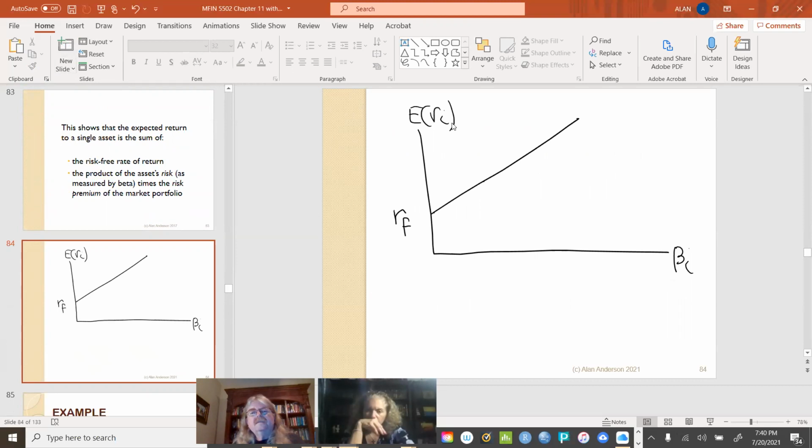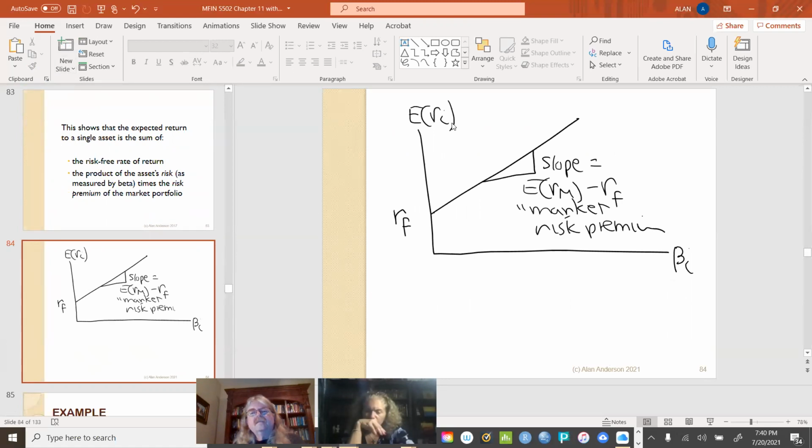The slope is this gap between the return of the market and the risk-free rate, which is the market risk premium. And this line, by the way, is often called the security market line.